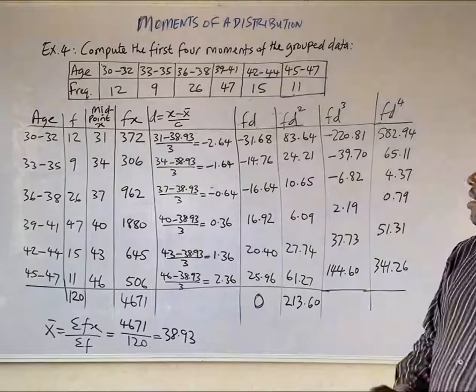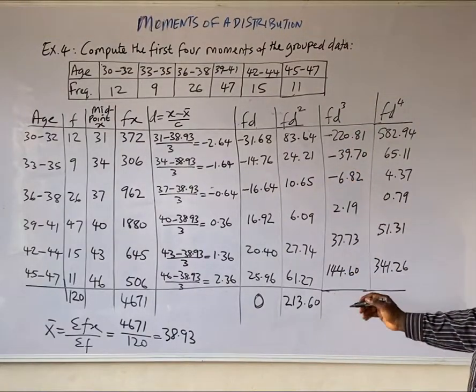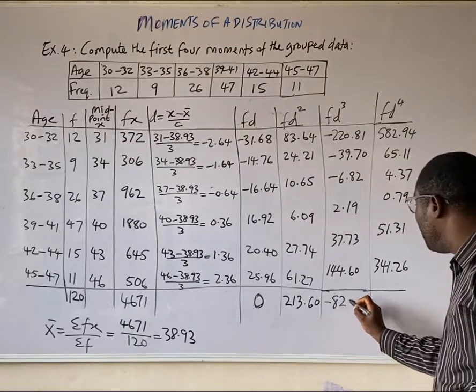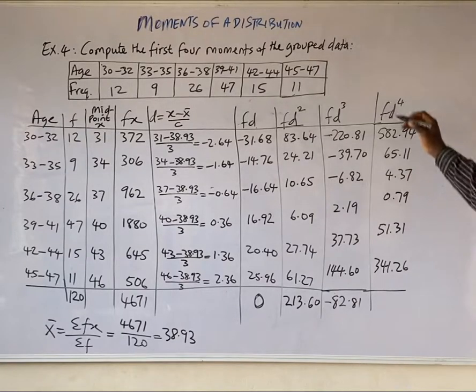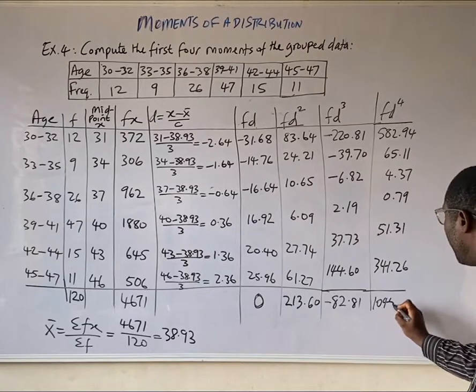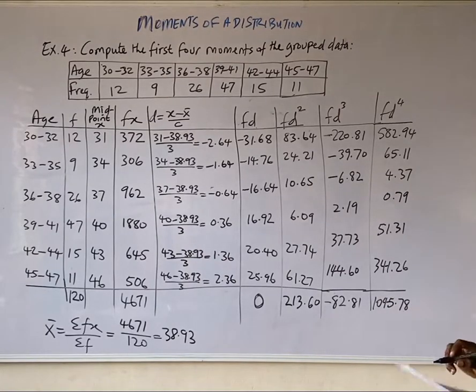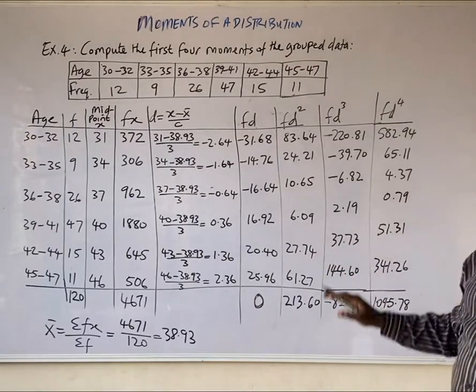Then the next one, if you sum this up, should be minus 82.81. Then the last summation will give you 1045.78. So that's what we have as our summation of our degrees of deviation.